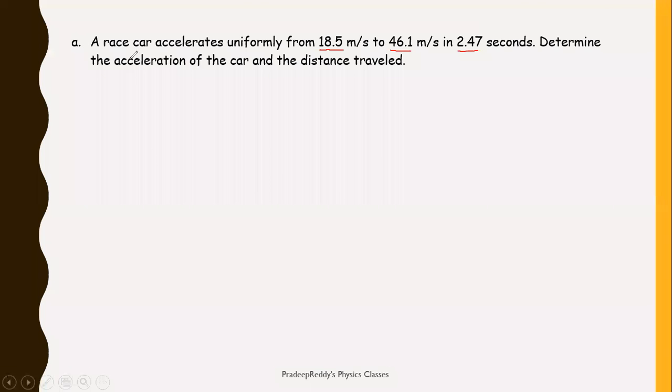In this problem, it is mentioned that a race car accelerates uniformly from 18.5 meter per second to 46.1 meter per second. So the race car is starting with a particular velocity, 18.5 meter per second, and it is finally obtaining a velocity of 46.1 meter per second.